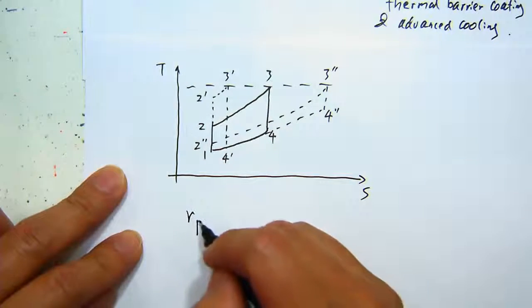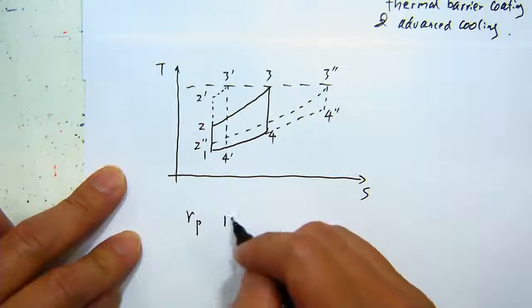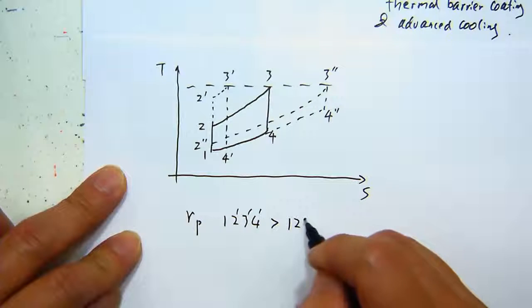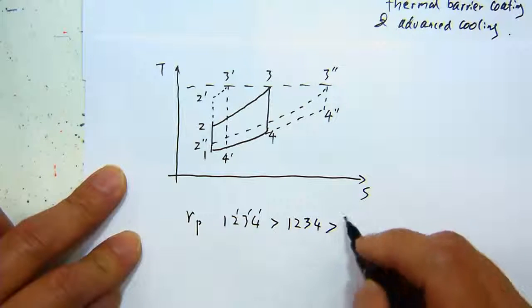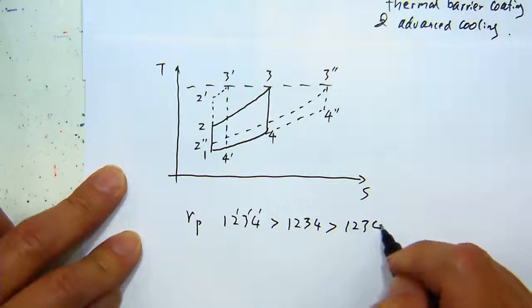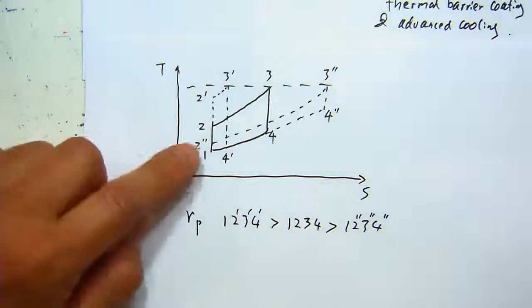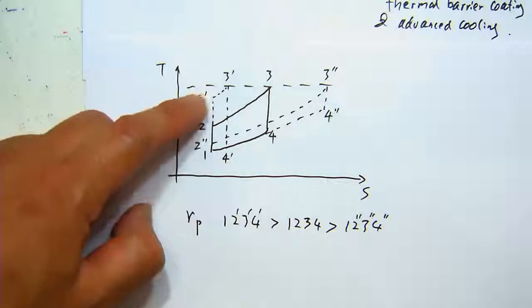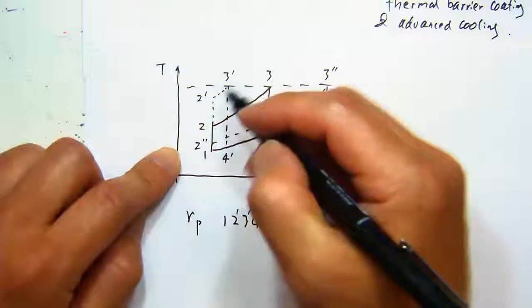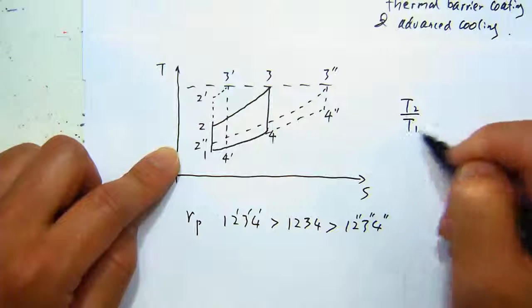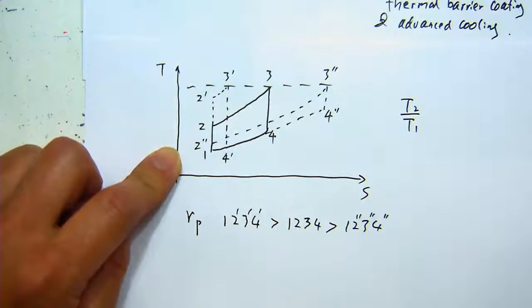So in terms of pressure ratio, I can say 1, 2, 3, 4 single prime is higher than 1, 2, 3, 4, which is higher than 1, 2, 3, 4 double prime. And the reason is the temperature difference here: a larger temperature difference corresponds to a larger temperature ratio, right?